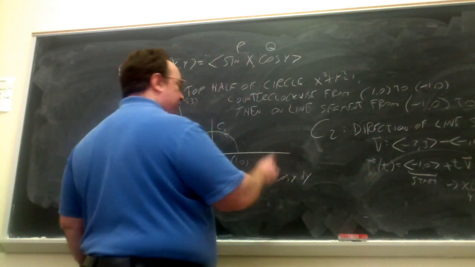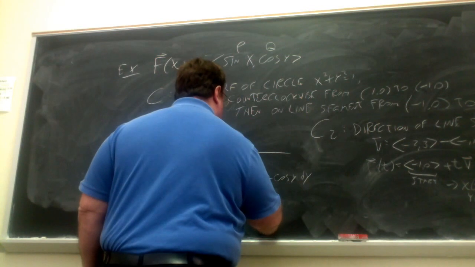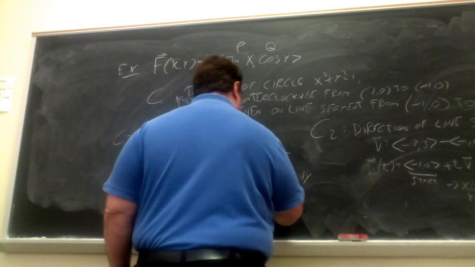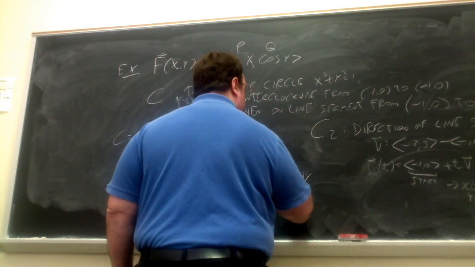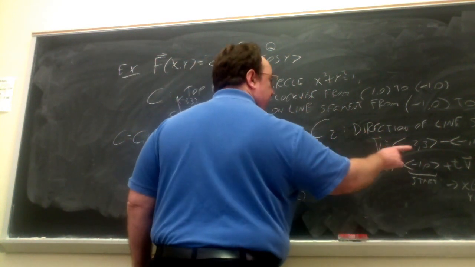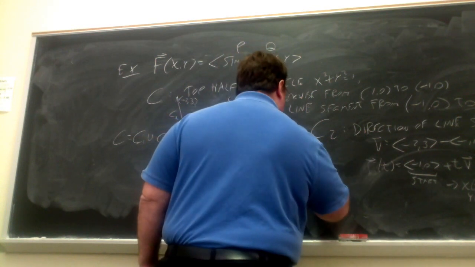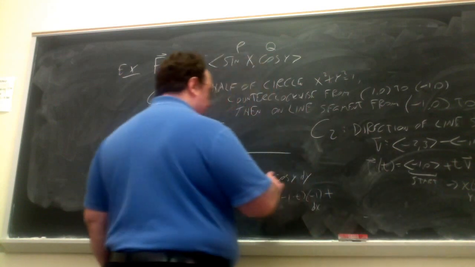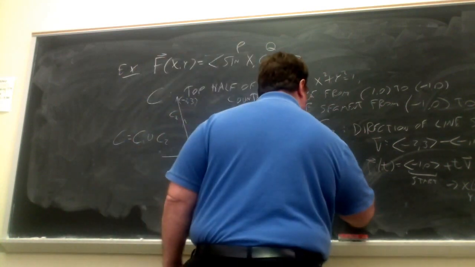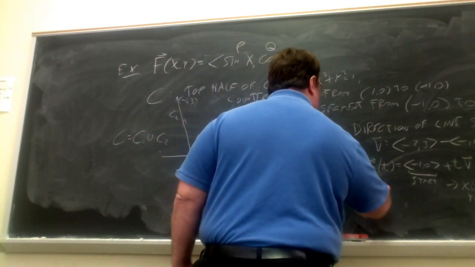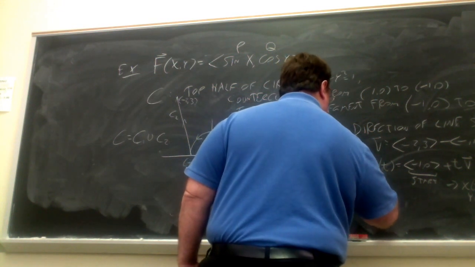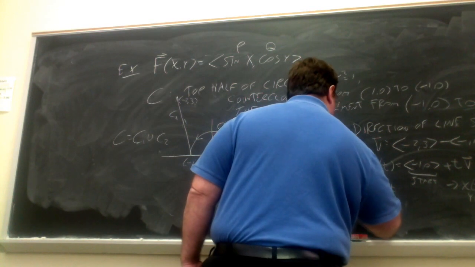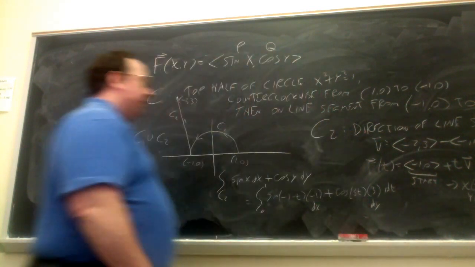Now if you express this in terms of parametric equations, you get the integral from 0 to 1 dt of sine of minus 1 minus t times minus 1, so that's your dx, plus cosine of y, which is 3t, times your derivative of y with respect to t.